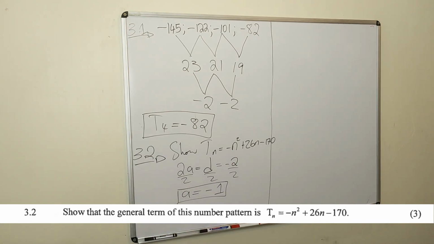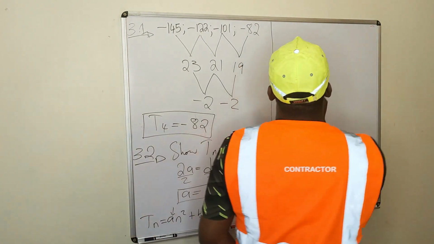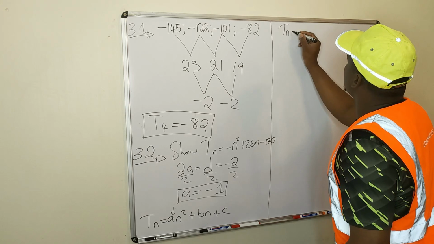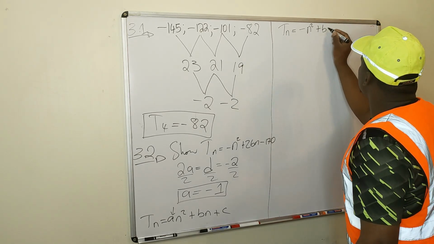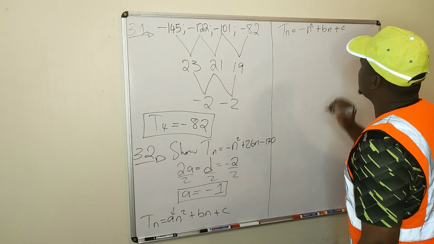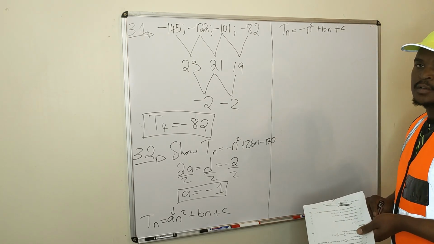Since Tn is equal to an squared plus bn plus c, and we have found a to be minus 1, what we have so far is Tn equals negative n squared plus bn plus c. That's what you know at this point.